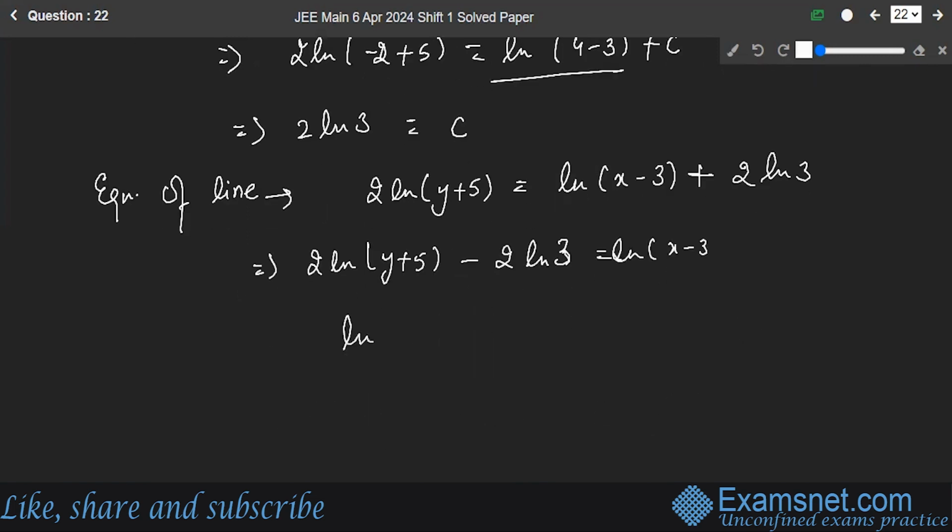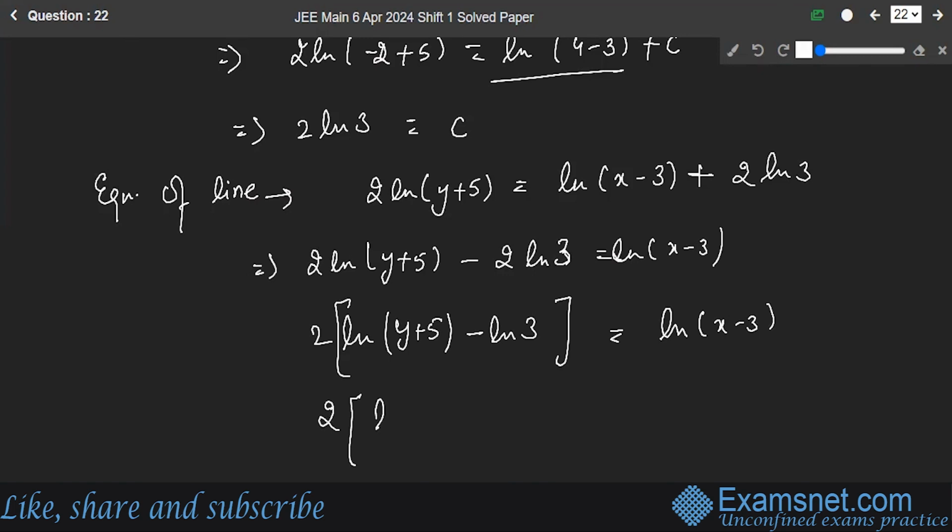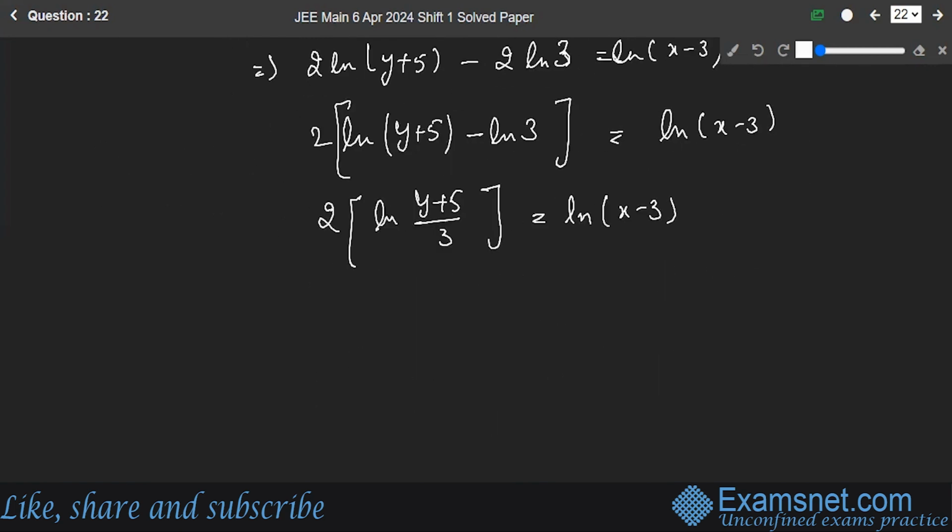or this will be written as 2 log y plus 5, I'm taking the 2 common, okay? This is equal to log of x minus 3, or this will be 2 log y plus 5 upon 3 is equal to log of x minus 3, or you will have log of y plus 5 upon 3 whole square is equal to log of x minus 3.